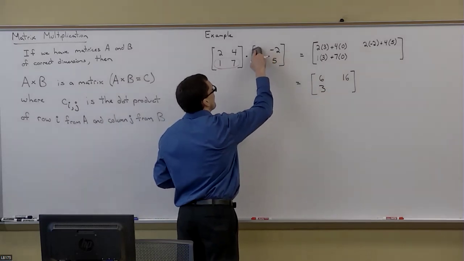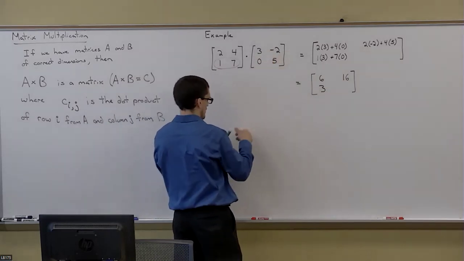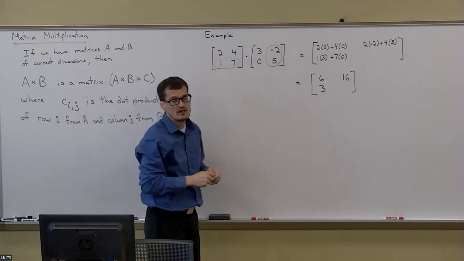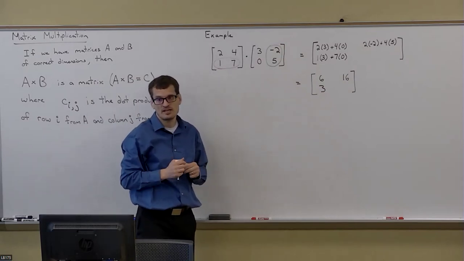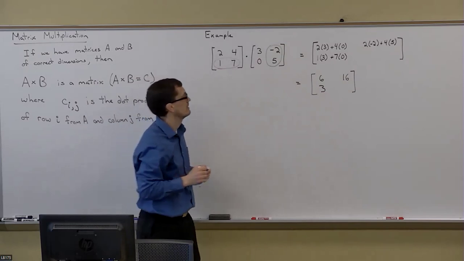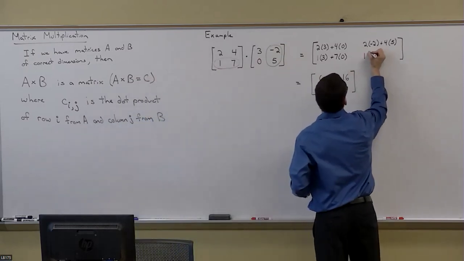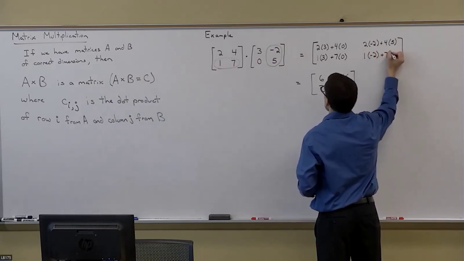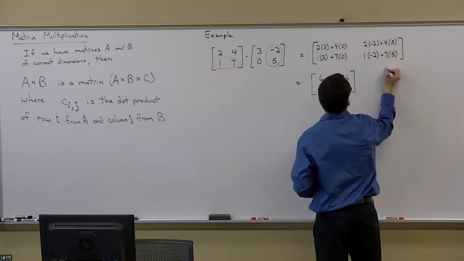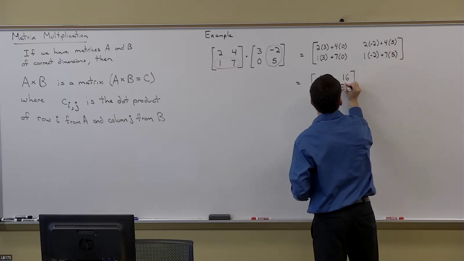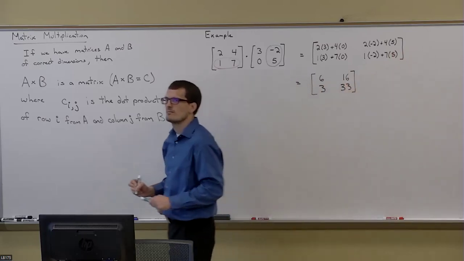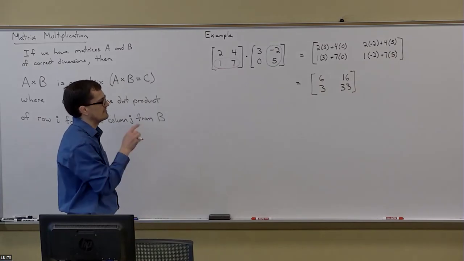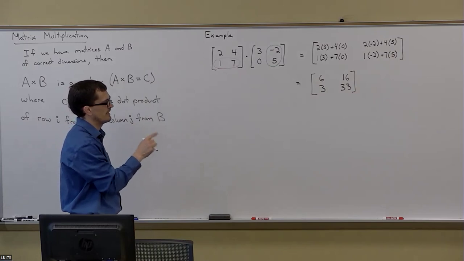And then second row of the first matrix times second column of the second matrix gives you the 2, 2 entry. 1 times -2 plus 7 times 5. I get, I believe, 33 there. So the product of those two matrices is 6, 16, 3, 33.